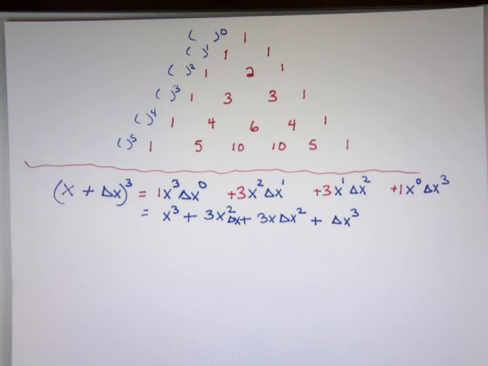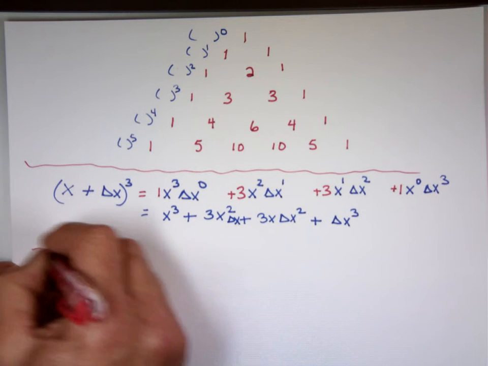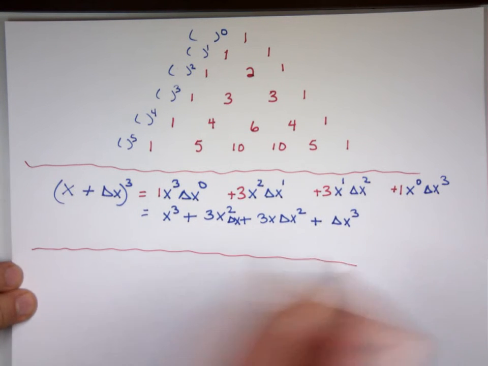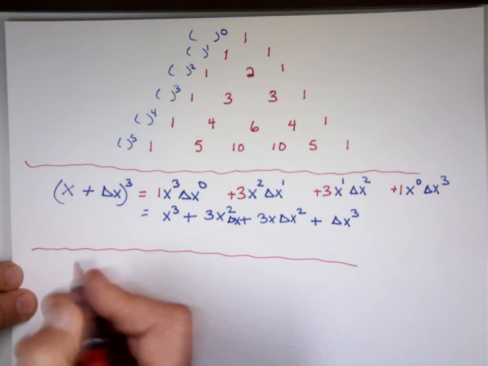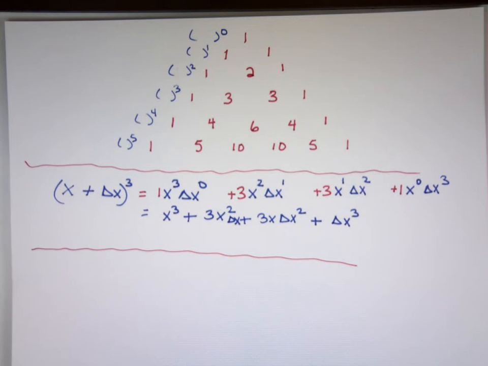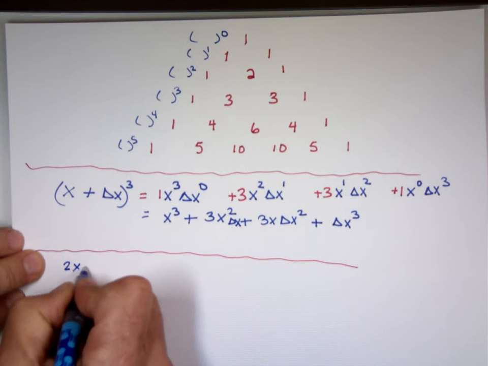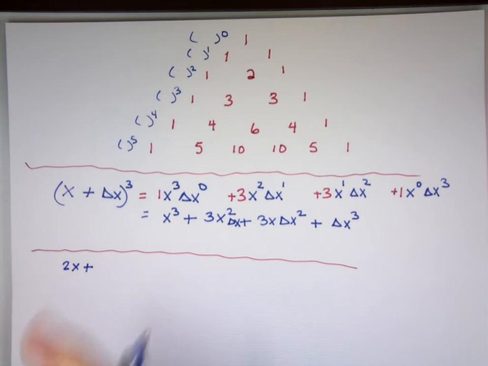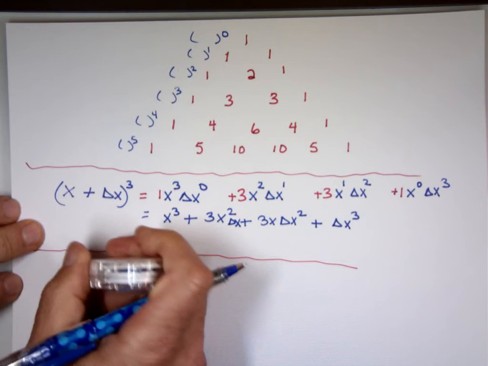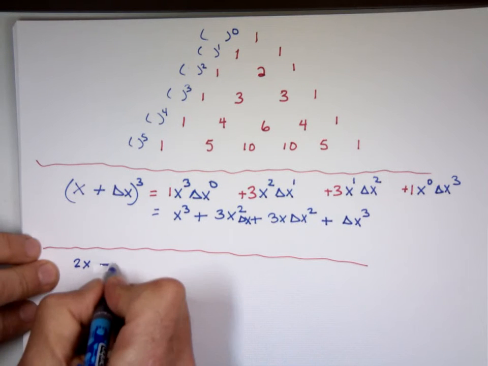Now, if this was, for example, to make it even worse, so much easier. I'll use h instead of delta x, because delta x bugs me, 2 letters. If this was, I'll give you this, 2x plus, or let's make it even a minus, minus 3y to the power of 5.